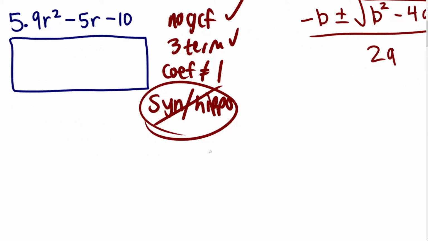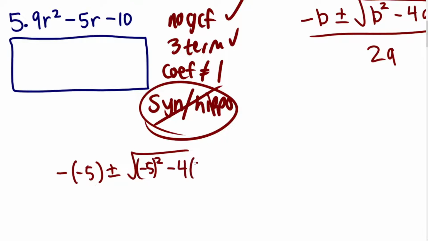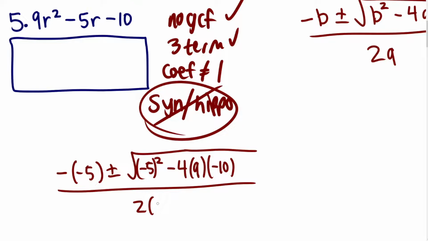So we have our b term, which is negative 5, so negative 5 plus or minus the square root of negative 5 squared minus 4 times 9 times negative 10, all divided by 2 times a, which is 9. Now, we treat square roots as if they were parentheses.